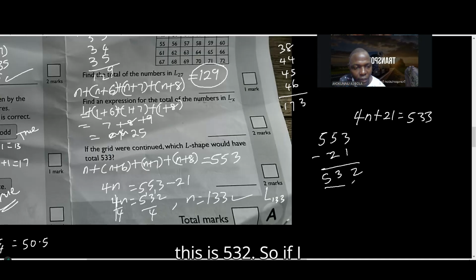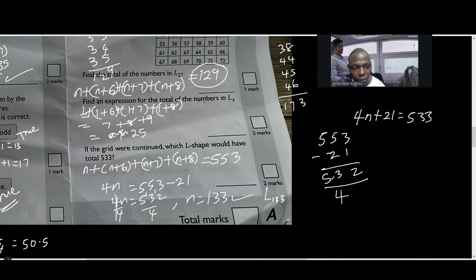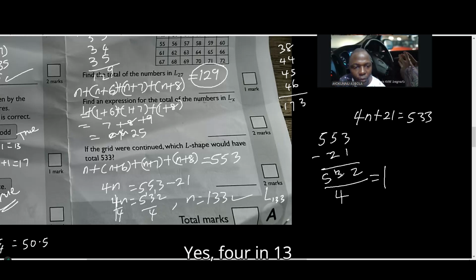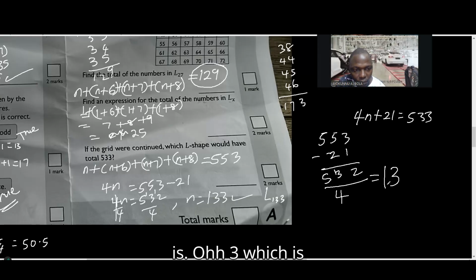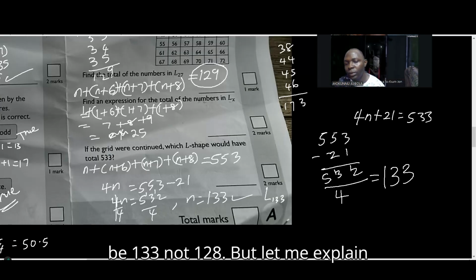So if I divide by 4, 4 in 5 is 1, 4 in 11 is 2, 4 in 32 is 8. So it should be 133, not 128.